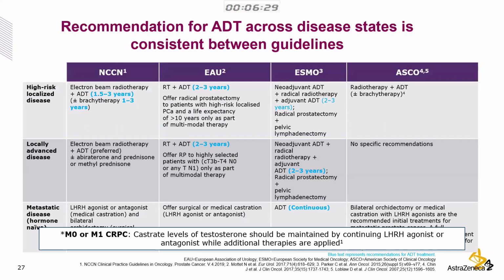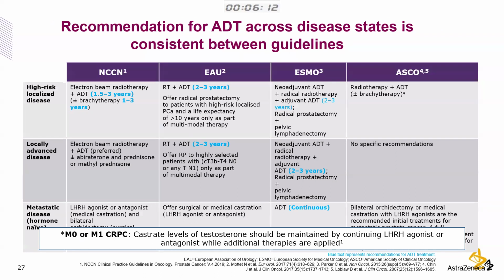So the recommendation for ADT across disease states is consistent between guidelines. So you can see that between NCCN, the European Association of Urology, ASCO, all of them recommend in high risk localized disease ADT of around 1.5 to 3 years. EAU is around 2 to 3 years.